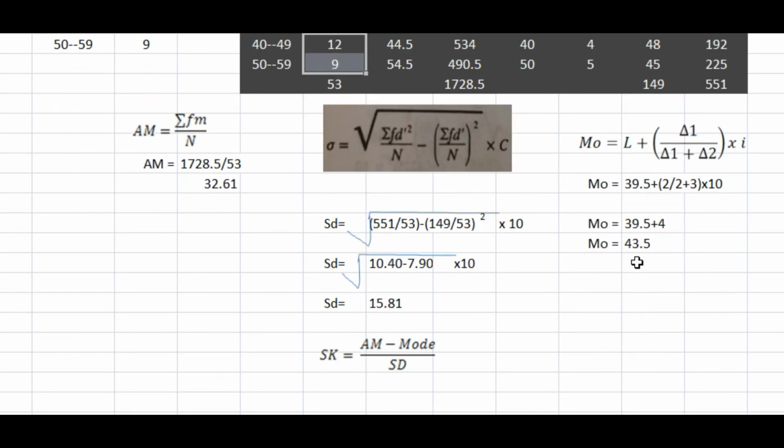Now apply the skewness formula. Skewness equals mean minus mode, whole divided by the standard deviation. Mean is 32.61, minus mode, 43.5, whole divided by the standard deviation, which is 15.81.